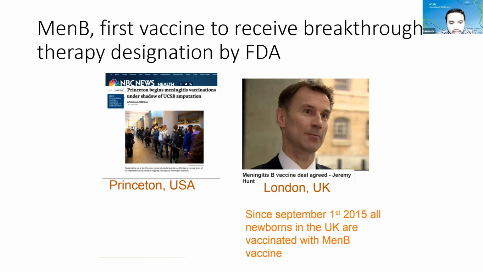And as you can see here in Princeton, USA, they started to begin the meningitis vaccinations. And also in London, UK, since September 1st, 2015, all newborns in the UK are vaccinated with the meningitis B vaccine, which is produced using the reverse vaccinology approach.